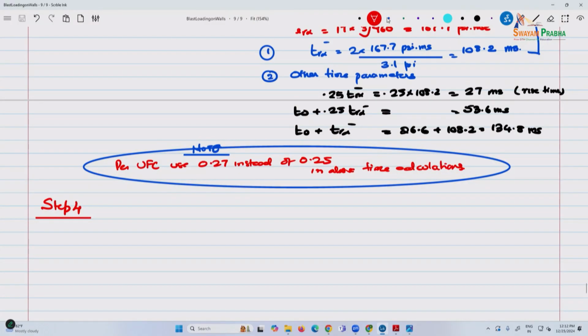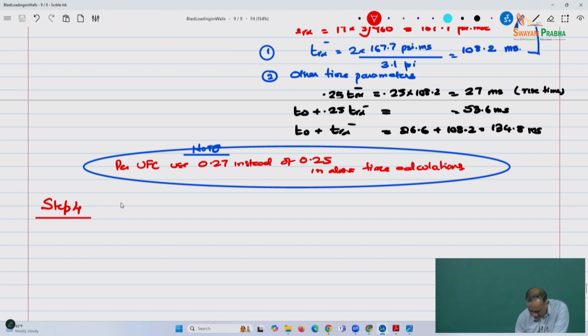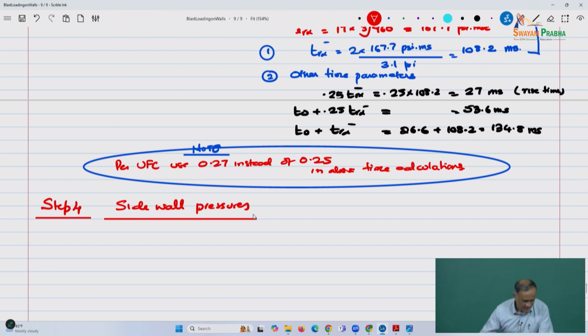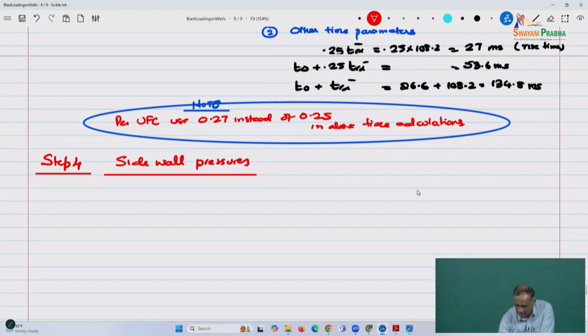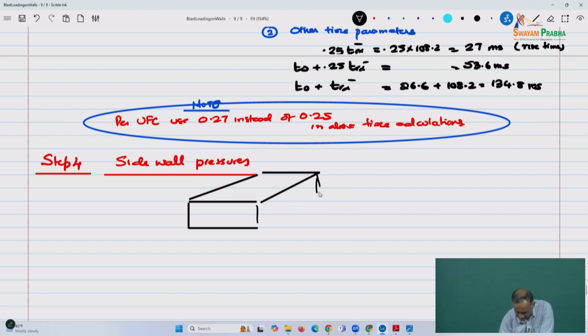So, step 4, let's look at the sidewall pressures. Now, in the sidewall, again, this is a choice this afternoon you can make based on whatever you feel comfortable with, or you can try a couple of different things and see how it makes a difference.